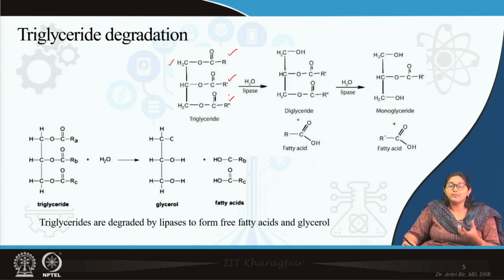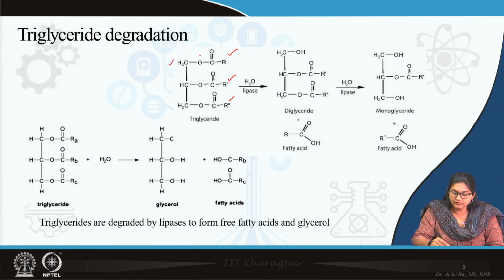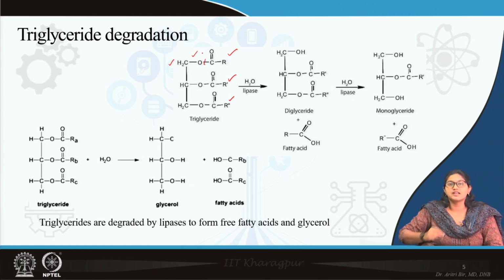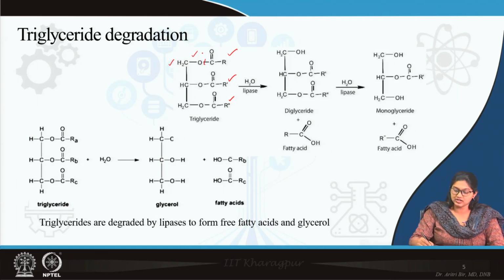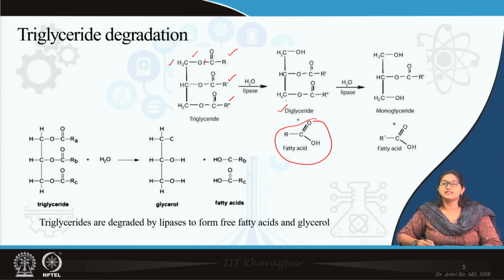Now, when lipase acts on these triglycerides, it breaks the ester bonds one by one. You can see the first ester bond is broken here to generate a fatty acid along with a diglyceride.